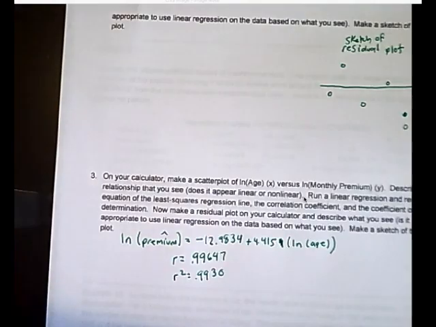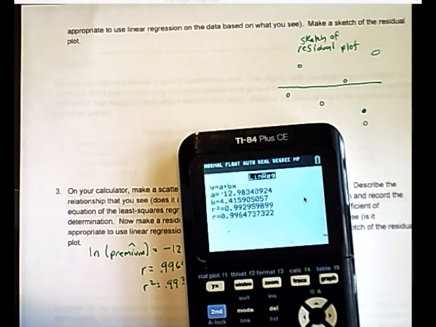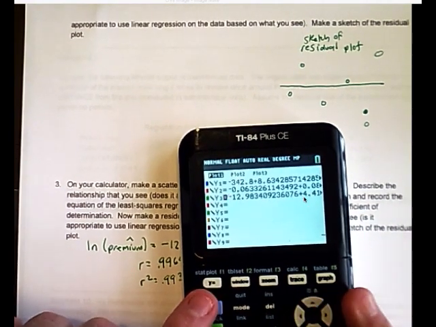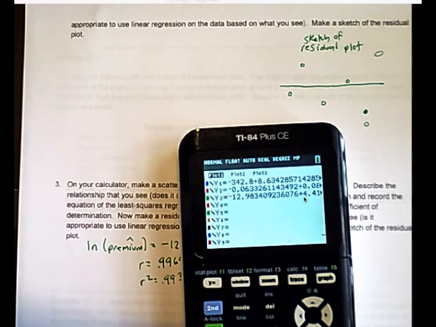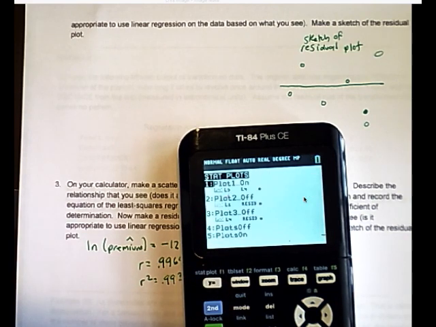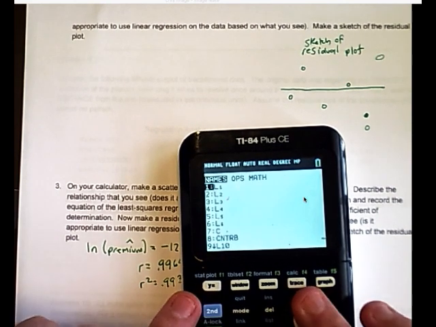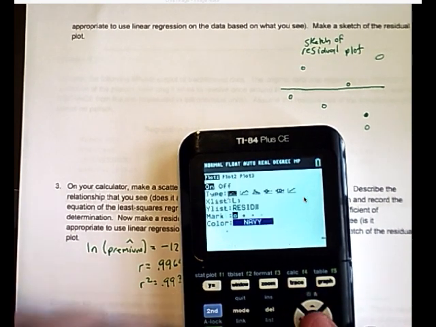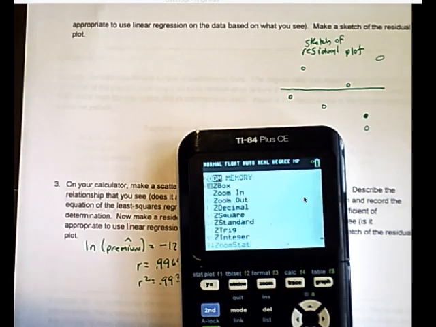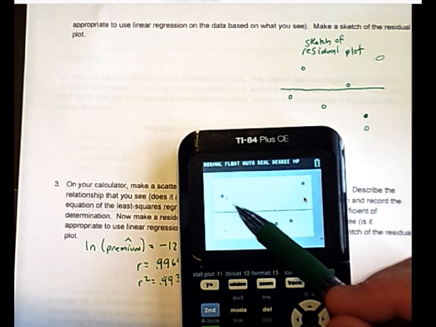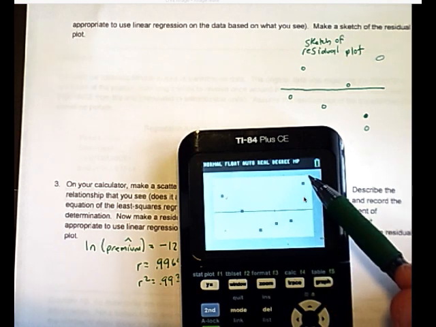But let's look at the residual plot now that we ran the regression. We'll turn that third equation off so we don't see the line. Go back under my stat plot, and I'll be looking at L3 against the residuals. That'll make the residual plot. All right, this one I wouldn't use because the residual plot here shows a pattern.